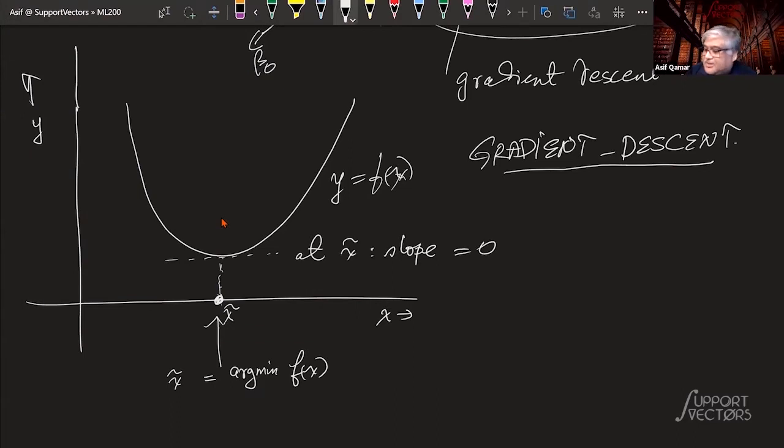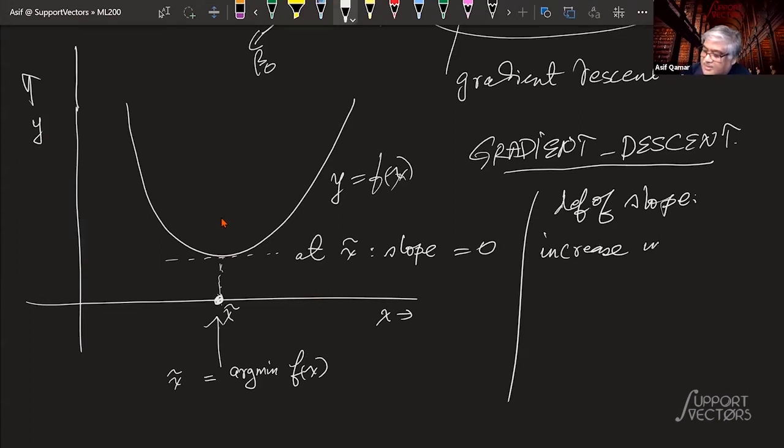Now, let me remind you, the definition of slope is the increase in height for a unit increase of x.